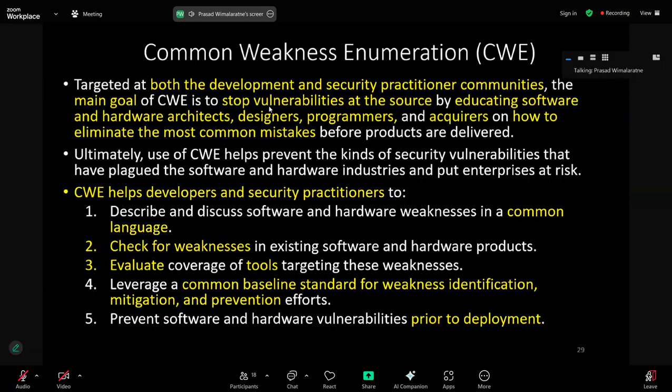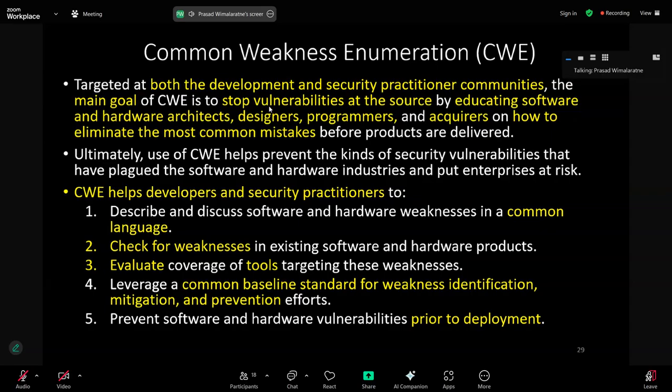So we should have a mechanism to prioritize things. When you run through a tool, it may give hundreds of problems. Now, if you have a method to prioritize them, like rank them, this is the first top 10, this is the next 25, so we know the top 10 is more critical. So when it comes to mitigating them, when it comes to fixing the problems, we start with the most critical one, right?